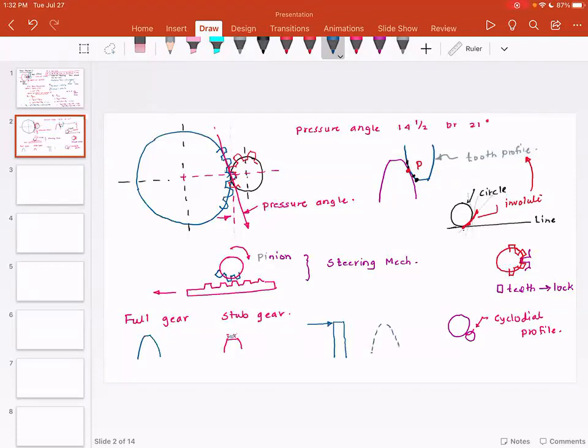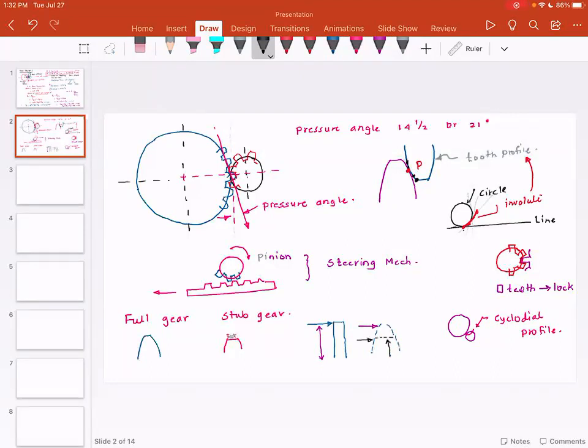Clearly, it is not the beam with uniform cross section, but nevertheless, it's a cantilever beam. In the case of full gear profile, the lever arm is high. In the case of stub gear, as you can see, we do not have the top part. The lever arm is short.